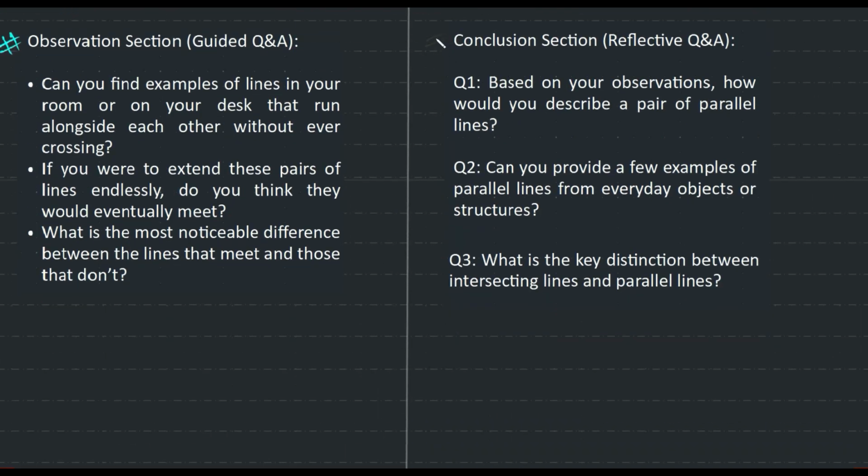Based on your observation, actually I should not be telling you guys those answers. That was a mistake. Based on your observation, how would you describe a pair of parallel lines? Can you provide an example of parallel lines from an everyday object or structure?